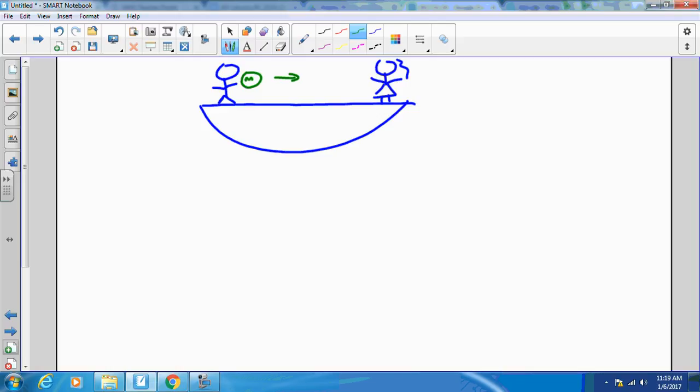Now, this is really interesting. Watch what happens. Before the throw, the total momentum of my system is 0. Romeo's sitting there, Juliet is sitting there, the boat's sitting there, and so is the ball. So nobody has any momentum. While the ball is in midair, the ball is carrying momentum in this direction.